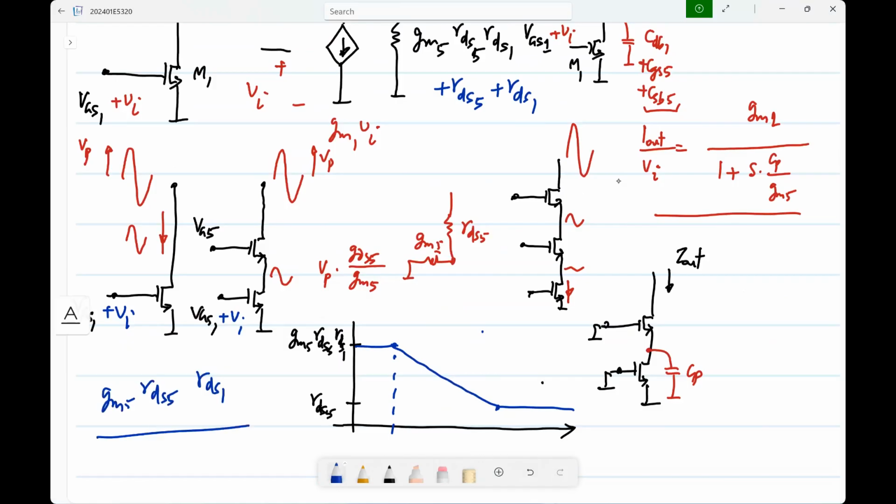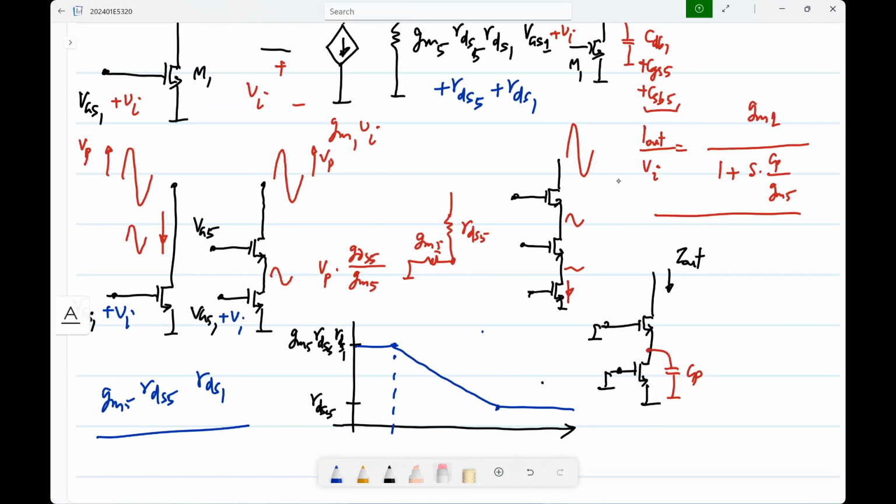Just look at the circuit and tell me how I can quickly modify this for high frequency, including the effect of CP. What has changed? Earlier we had RDS1 here. Now we have RDS1 parallel CP. That's all, right? The impedance between this point and ground is what has changed.